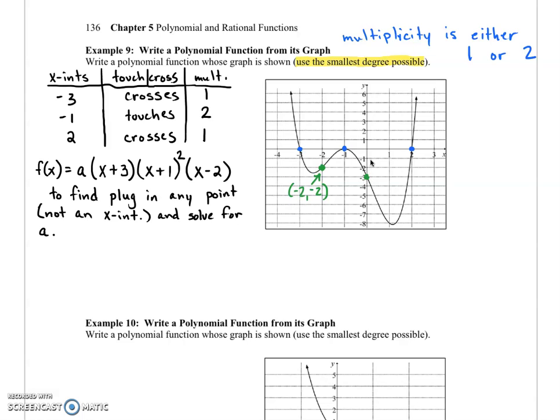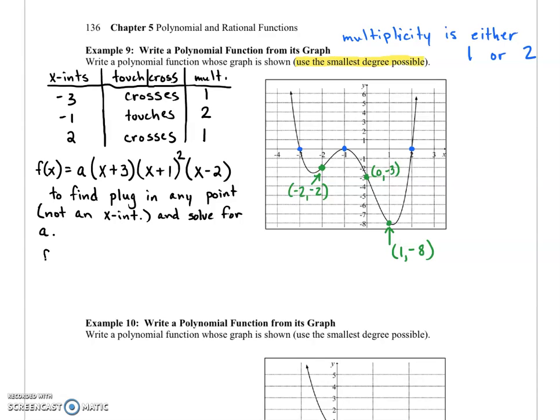We also can see that we have the point 0, -3. And we also have this point down here, which I think is 1, -8. It doesn't matter which one you pick, using any of them should give you the exact same value for a. I'm going to pick the 0, -3 because that's going to make the arithmetic easier.